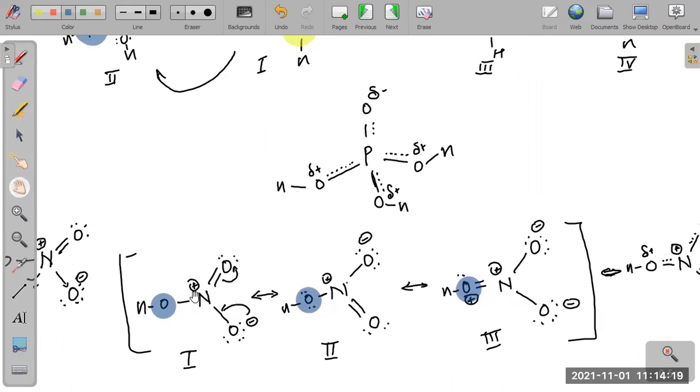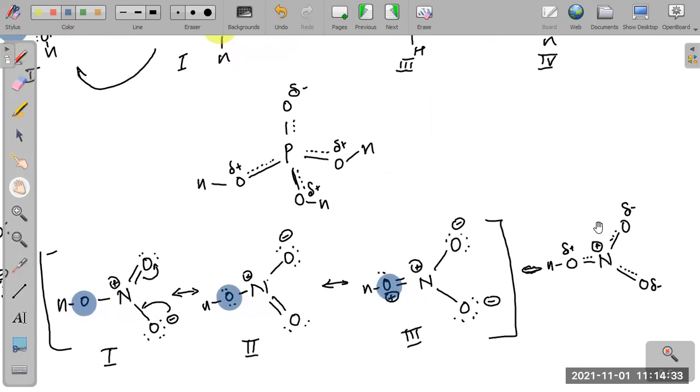Now we can see that all these structures have a positive charge on nitrogen. Therefore, nitrogen will develop a positive charge in the hybrid structure, and the oxygen atom attached to hydrogen will develop a delta positive charge, whereas the other two oxygens will develop a delta negative charge.